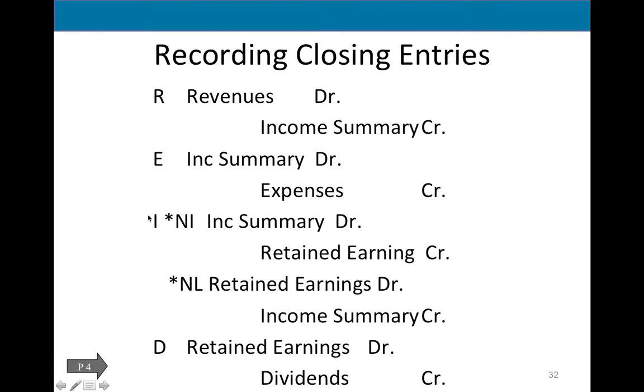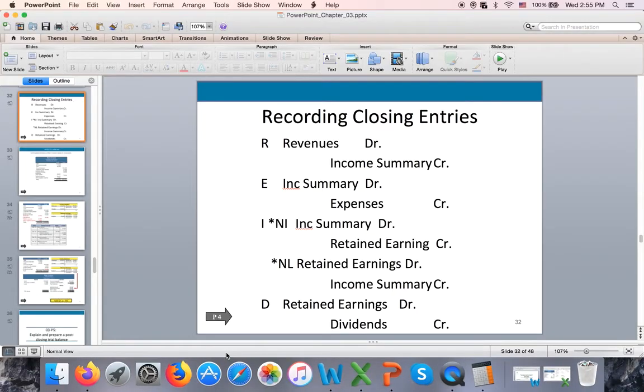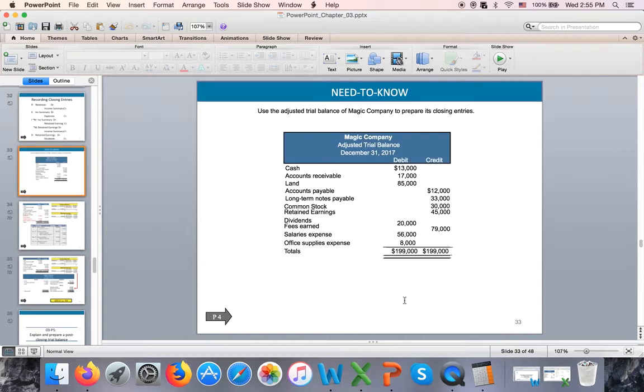Third step, I, we will get rid of income summary. And the last step, D, we're going to close dividends. So the last 2 steps are closed into retained earnings. And retained earnings is the only permanent account here. So instead of doing this, let me use an example. This is the adjusted trial balance that you have in the slides.